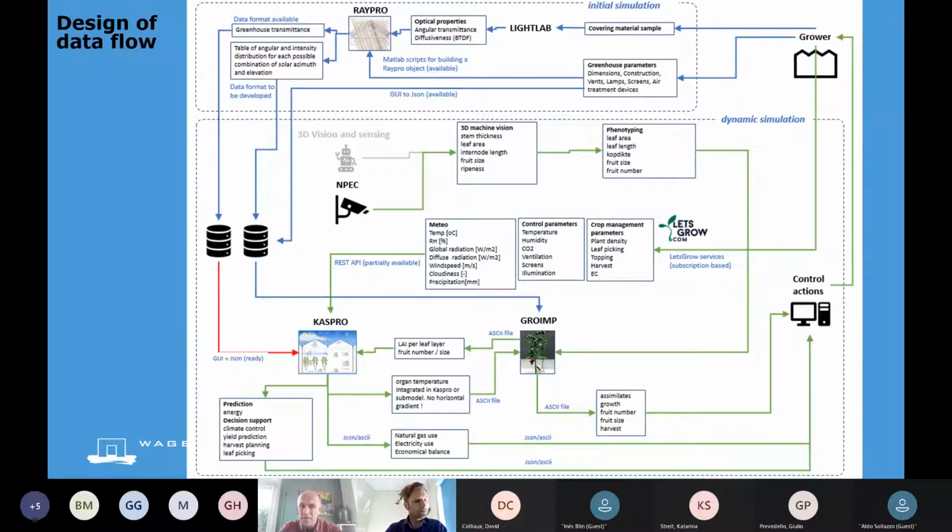And in this design of the data flow, you have to realize that at least every day this cycle is done so that we know each day what is the status of the plant. And we have models that predict plant growth. We will parameterize the models on the run by these images that have been gathered, and we know quite a bit.